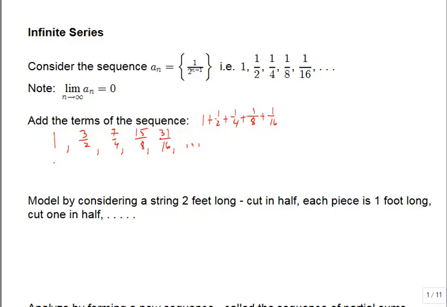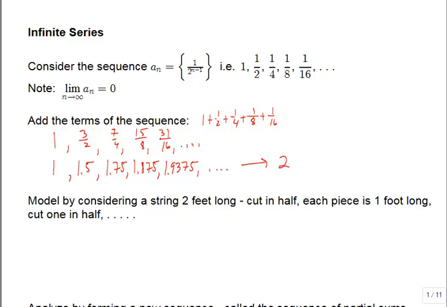So obviously 1 is equal to 1, 3 halves is the same as 1.5, 7 fourths is the same as 1.75, 15 eighths is 1.875, 31 sixteenths is 1.9375, and we could keep on going. What does it look like this sequence is converging to? It looks like these numbers are getting closer and closer to 2.